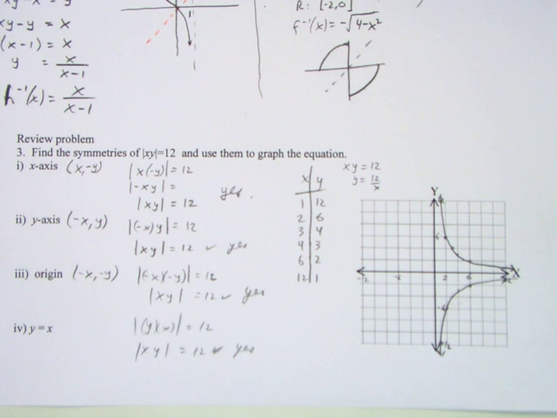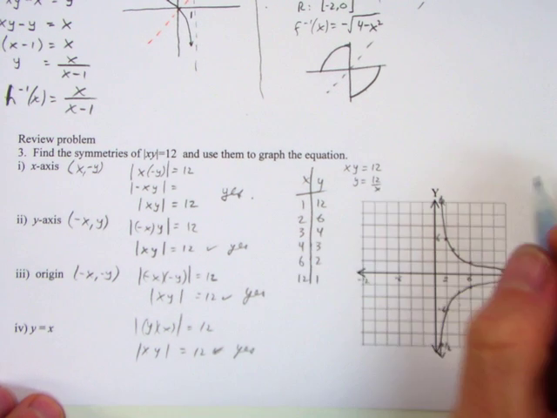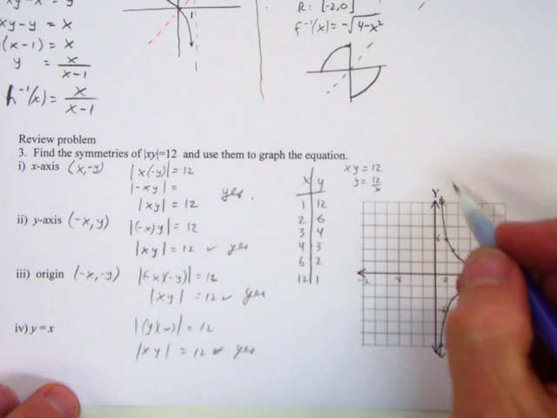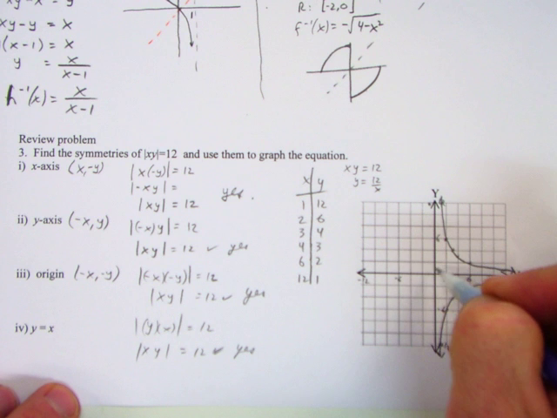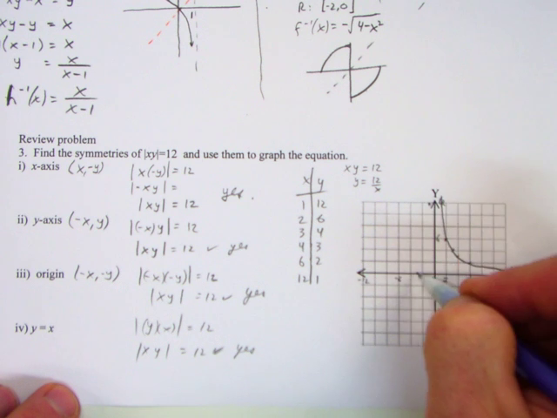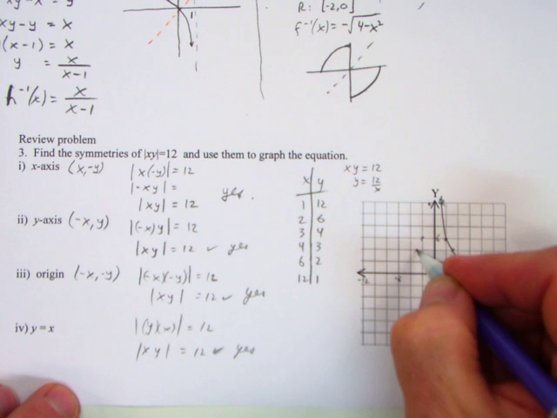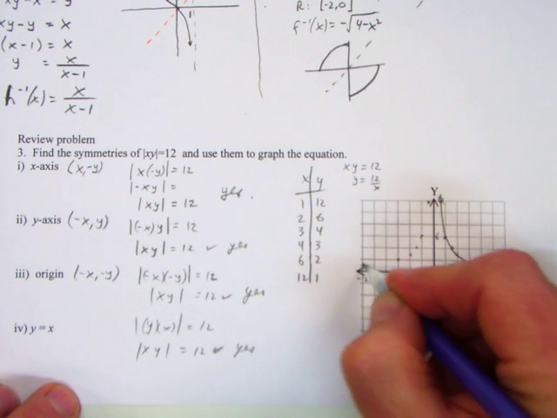So we have this piece. Now let's use the next one, the y-axis. The whole graph is symmetric about the y-axis, so we're going to take this and flip it over the y-axis. Now we have a point here. We have -1, 12; -2, 6; -3, 4; -4, 3; -6, 2; and -12, 1.